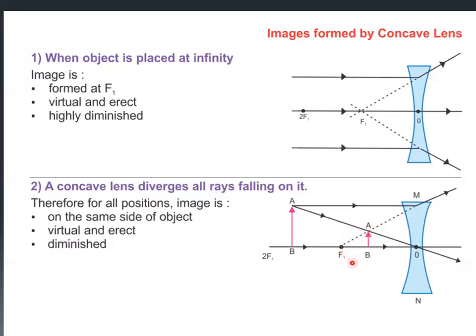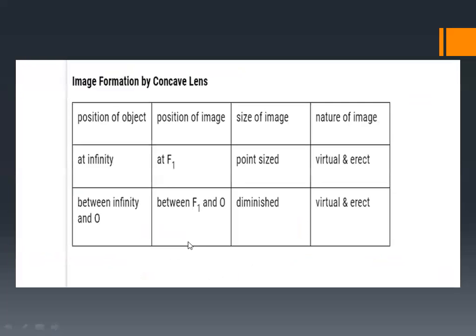It is a virtual image captured on the same side of the object. And how does the image look? It is diminished. Diminished means: see the size of the object kept here, AB, it is big. And the size of the image is small, A'B'. So it is considered a diminished image.